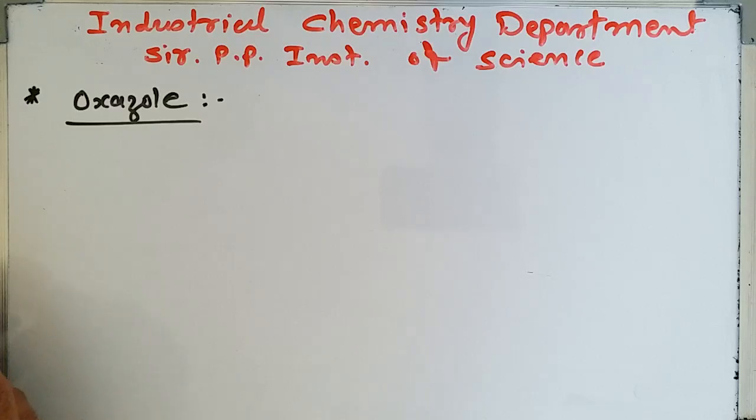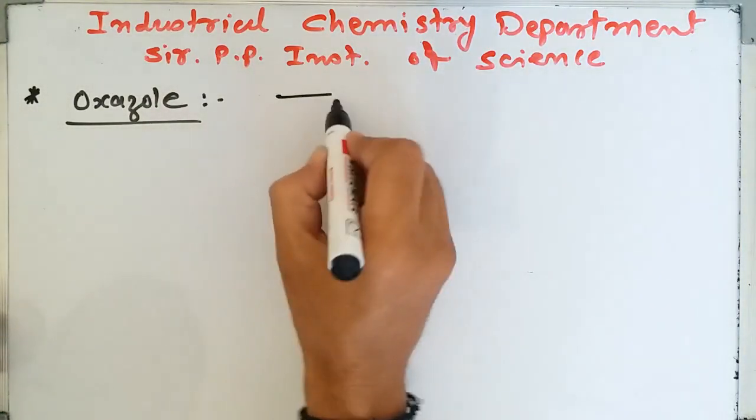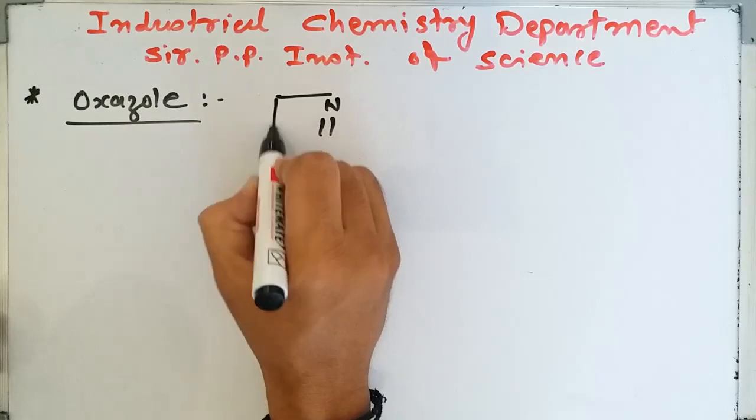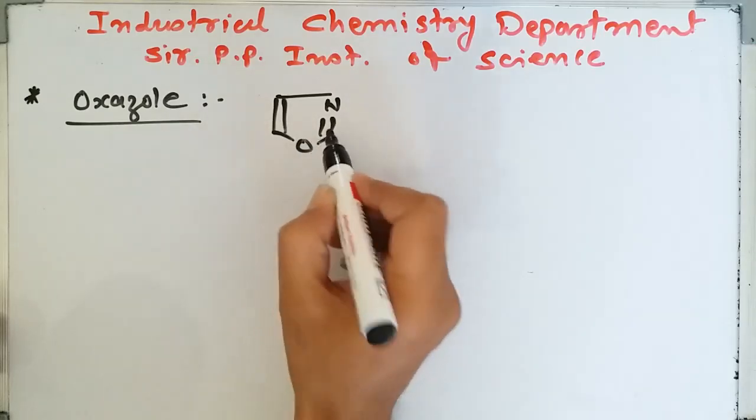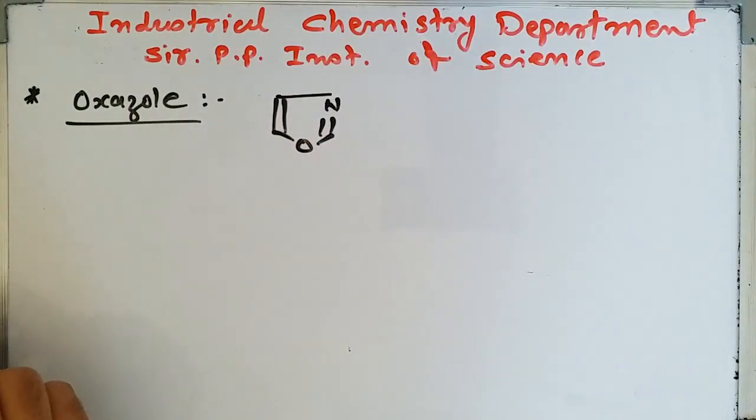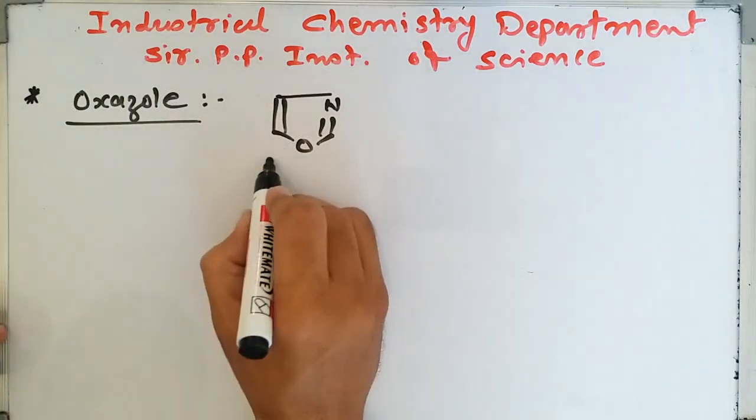This group of heterocyclic compounds possesses a 5-member ring. The ring is composed of 3 carbon atoms, 1 nitrogen atom and 1 oxygen atom. So this is a 5-member, 2 or more heteroatom heterocyclic compound: 3 carbon atoms, 1 oxygen and 1 nitrogen. This is oxazole.